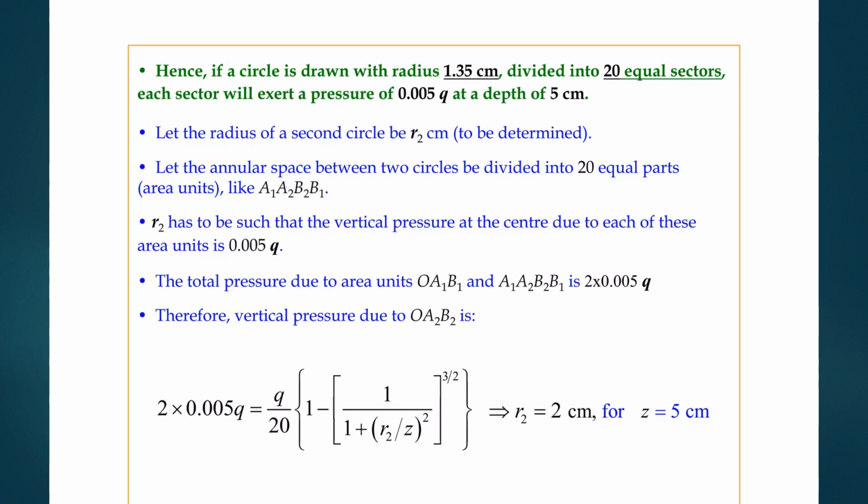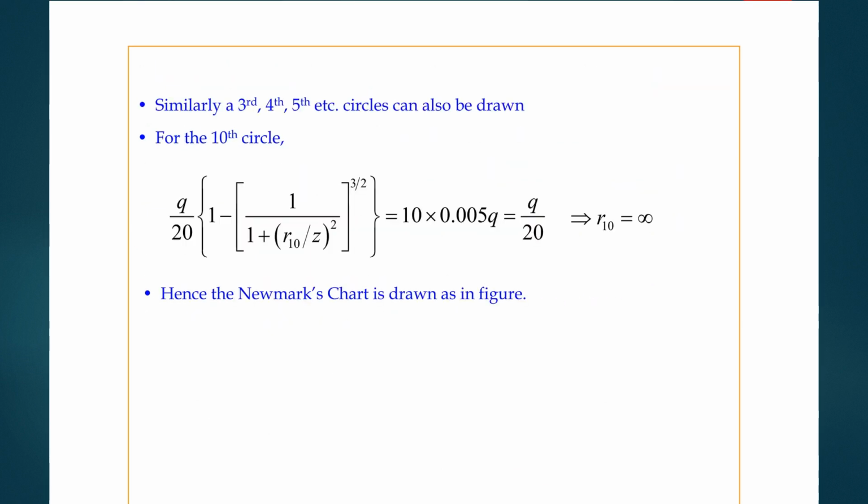Therefore, the vertical pressure due to O A2 B2 is given by this formula, that is r2 will be 2 centimeter for z equal to 5. Similarly, third, fourth and fifth circles can be drawn, and as we have considered 20, it can be calculated to n number of circles.